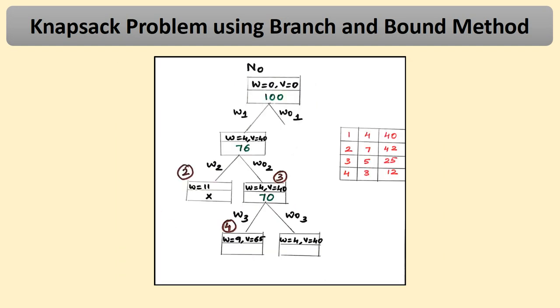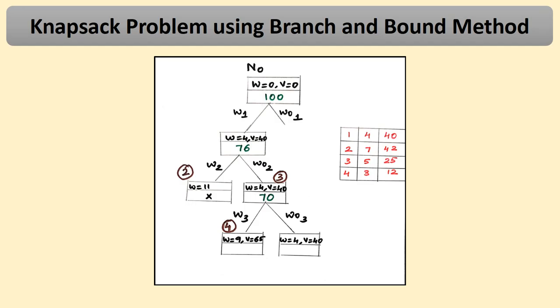Now in the same manner, we have to calculate for the next node, that is node number 4. With weight and without weight: left side is with and right hand side is without. So this is item number 3. When you look at the table, what is the weight of item number 3? That is 5. And what is the previous weight? It is 4. So 5 plus 4 is 9. Now take the value. The value of item number 3 is 25, and the value of item number 1 is 40.